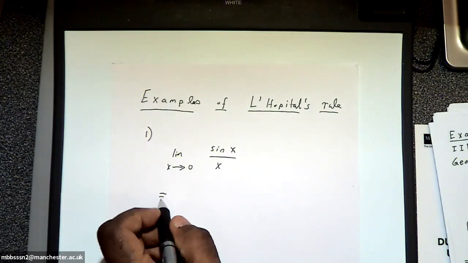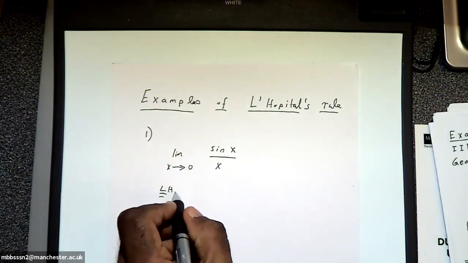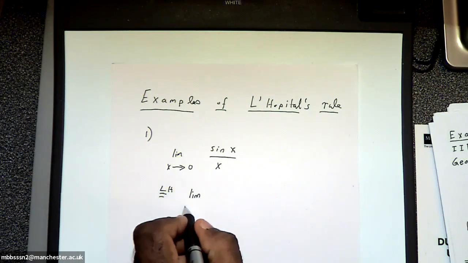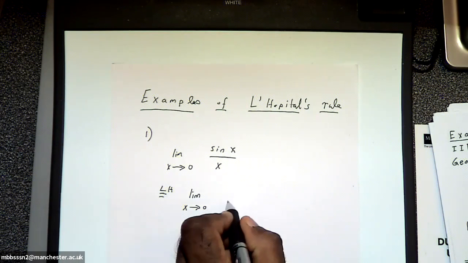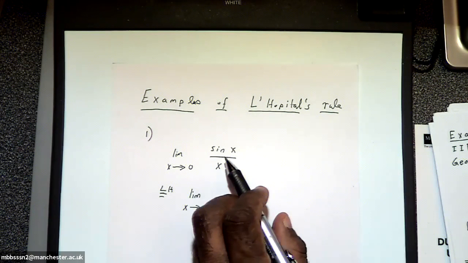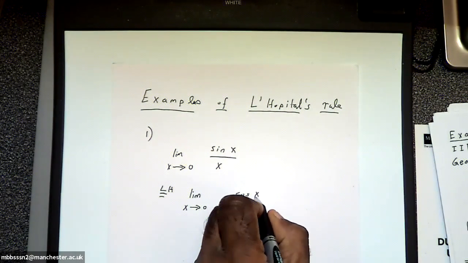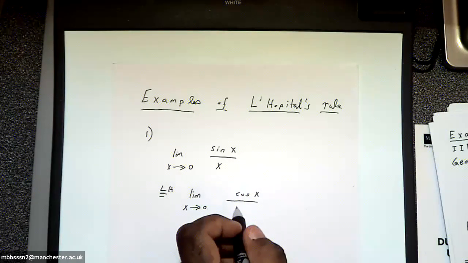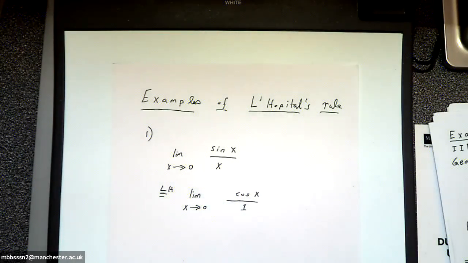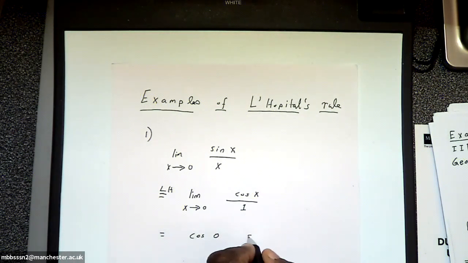So if you use L'Hopital's Rule, the derivative of sine of x is cos of x, and the derivative of x is 1. So this becomes cos of 0, which is 1.